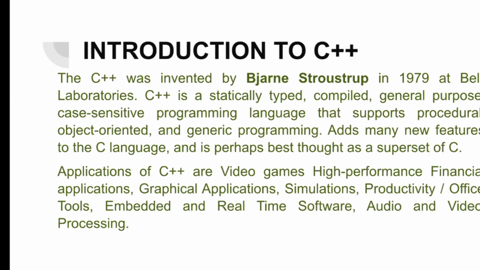Next, introduction to C++. C++ was invented by Bjarne Stroustrup in 1979 at Bell Laboratories. C++ is a statically typed, compiled, general-purpose, case-sensitive programming language that supports procedural, object-oriented, and generic programming.